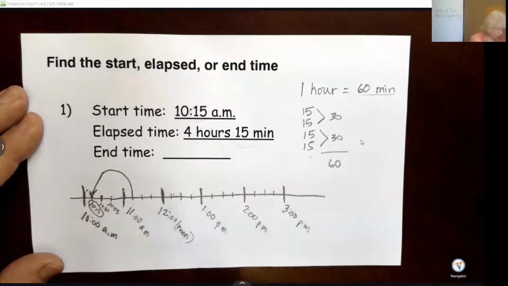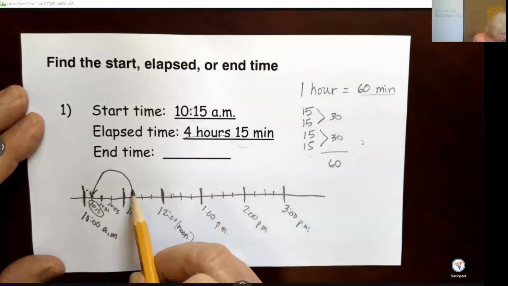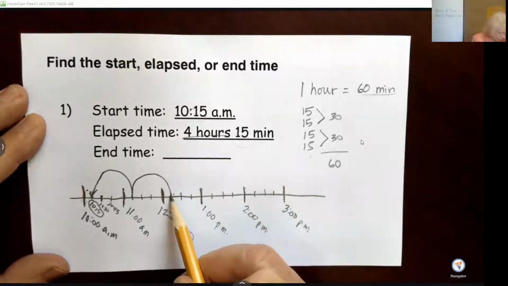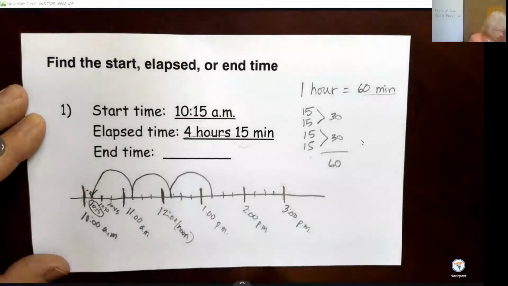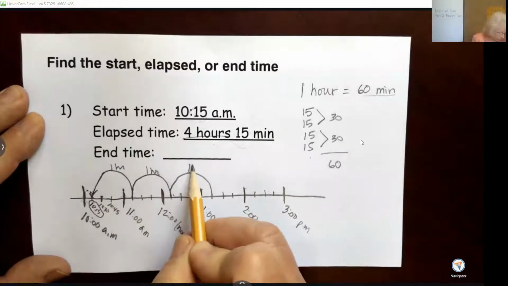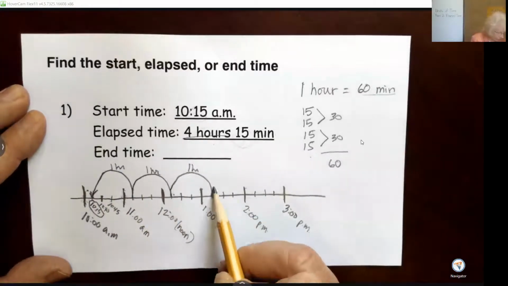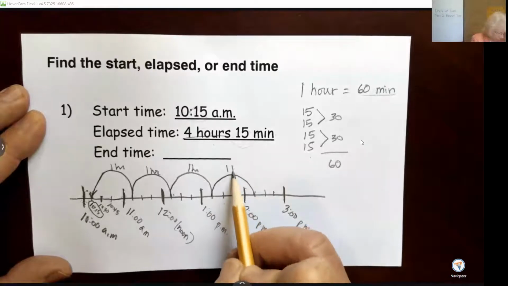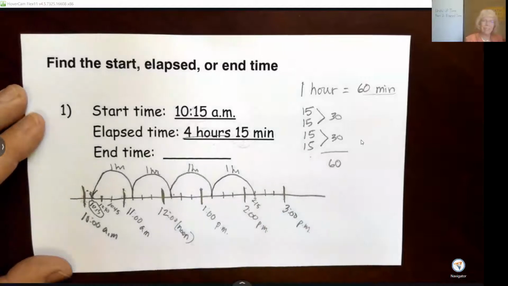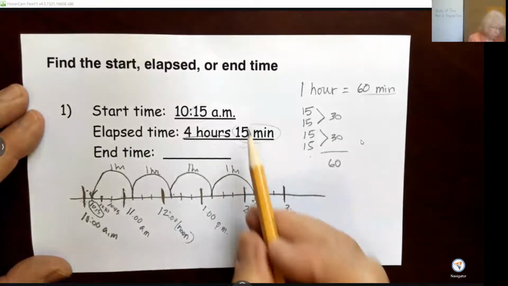Okay, that's 1 hour. I'm going to do that 4 times. Look how it happens. Okay, go over there to a 12:15. One more time to 1:15. So this is 1 hour, 1 hour, 1 hour. I need one more. 1 hour. Okay, so I'm now at 2:15, but I need to go 15 more minutes.